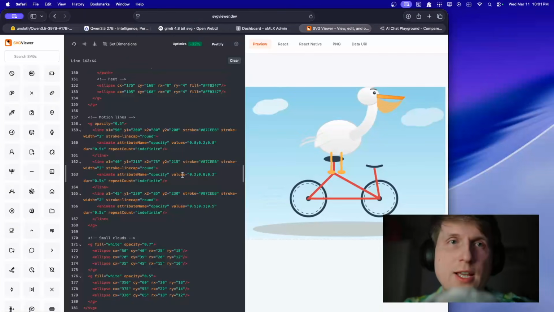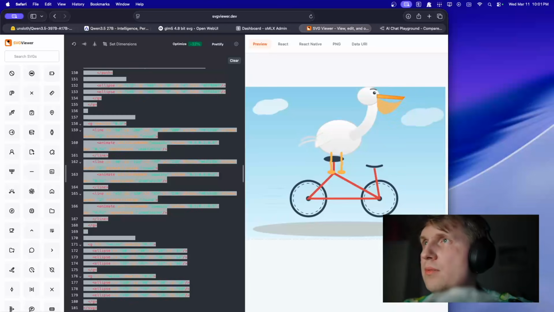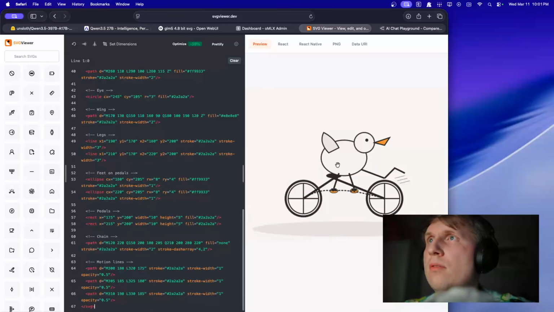So for reference, sorry about this, this is GLM5 at 4.8 bits that I was testing before, so we'll compare that. The smaller one didn't do such a good job, honestly.